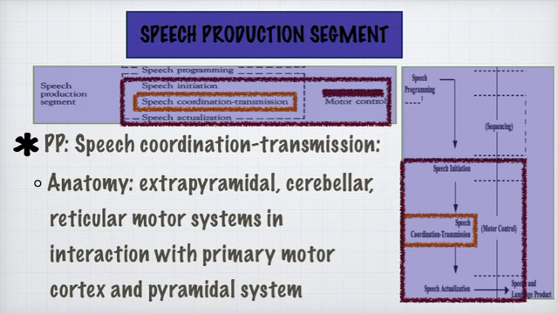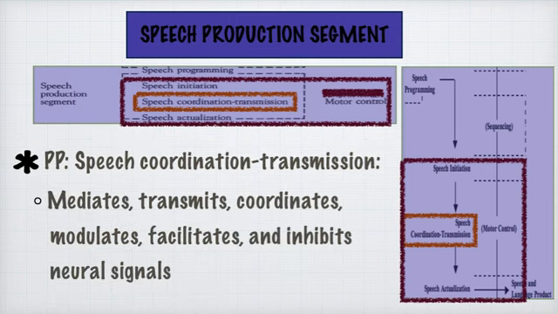It mediates, transmits, coordinates, modulates, facilitates, and inhibits neural signals. So it allows for more controlled, smooth, and on-target speech. It is modulated well: the voice is not too loud, not too soft, and the flow of speech is continuous, not choppy. So that's the speech coordination and transmission.